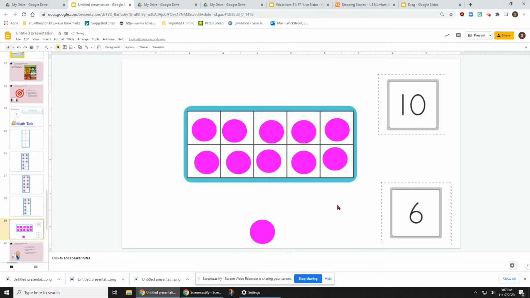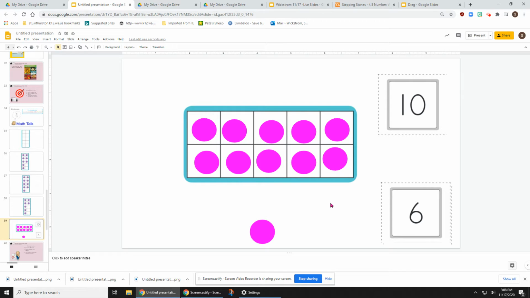What do you notice about our 10 frame? That's right, it is completely full. There's 5 on the top, 5 on the bottom, and when that 10 frame is full, it means that there are 10. So here's the numeral 10, and here's our 10 counters. Let's go ahead and count them again. 1, 2, 3, 4, 5, 6, 7, 8, 9, 10.